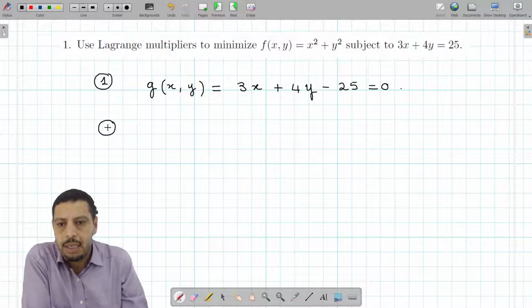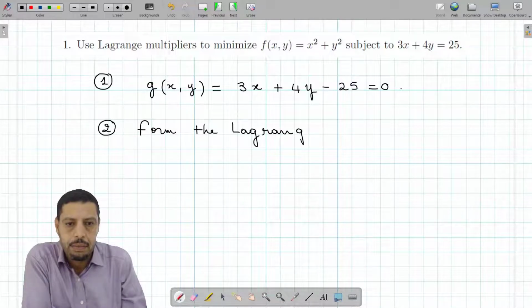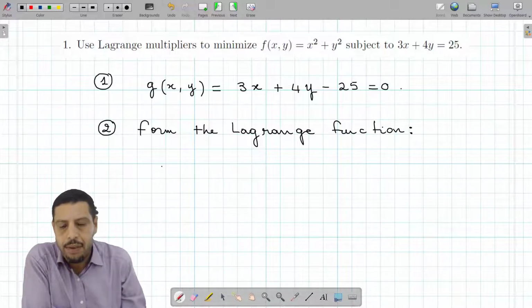The second step is to form or to construct our Lagrange function, which is the capital F function given by capital F. Here you're going to introduce a new variable lambda.